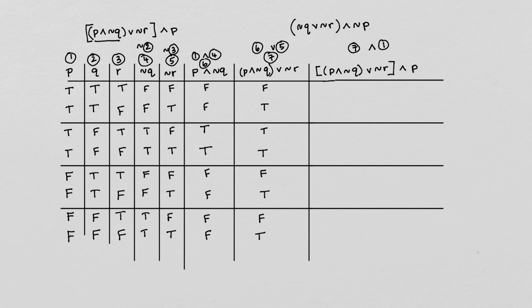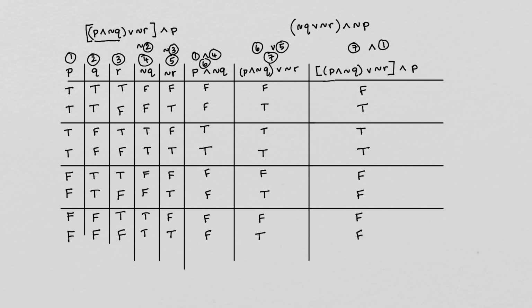So the only way for it to be true is for them both to be true. So this is going to be true. This one was false. True, true, and true, true. These are both true. And then we have a false in the next 2 in at least one place. So that's going to be false. And then the last 2 are going to be false.